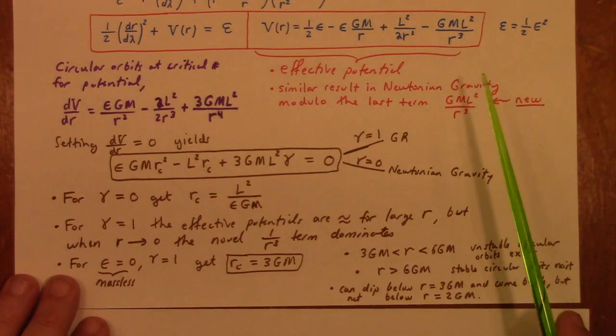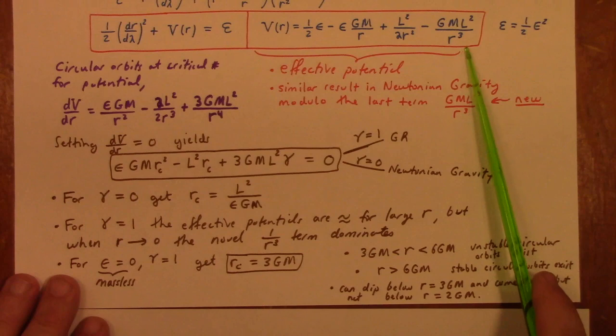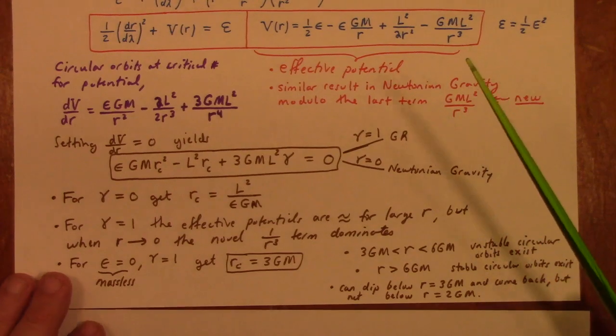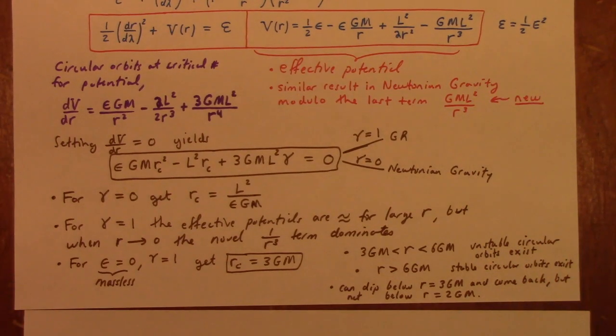However, when r goes to 0, this is the main event. This becomes dominant, and so we expect really different behavior in general relativity for small radius in this problem.